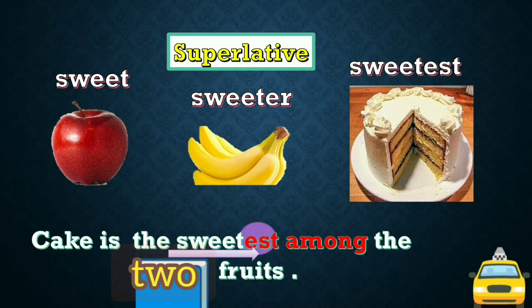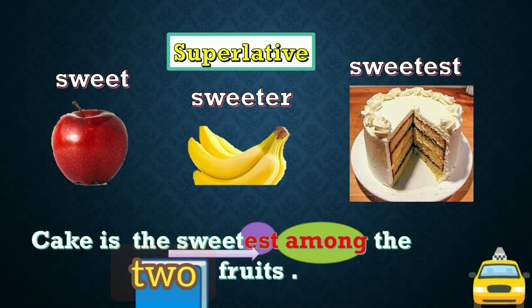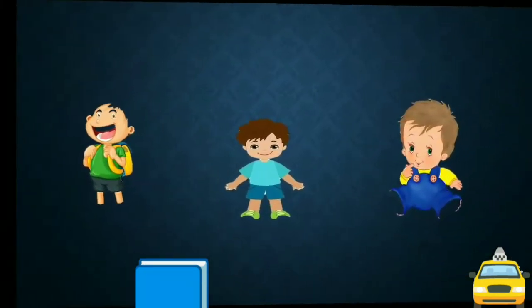What is the adjective? Sweetest. Add est. What is the word clue? Among. What is compared to the cake? Apple and banana. It is superlative because it compares more than two objects or subjects.